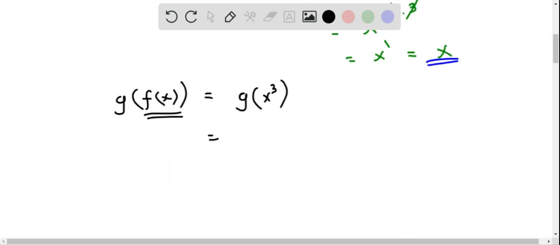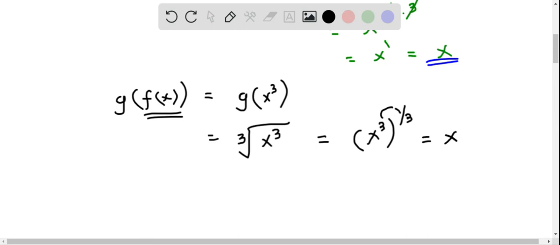So therefore this becomes the cube root of x cube. Now this can be written as x cube raised to the power of 1/3. And so once again these two powers will get multiplied. That is 3 times 1/3 is 1. So we basically get x raised to the power of 1, and this equals x. So this is the result of g of f of x. That is, we are getting x.